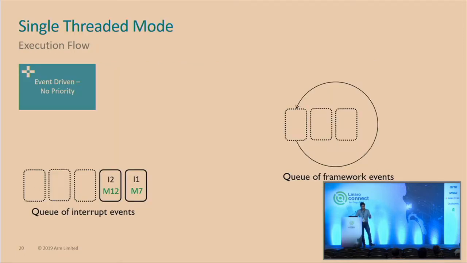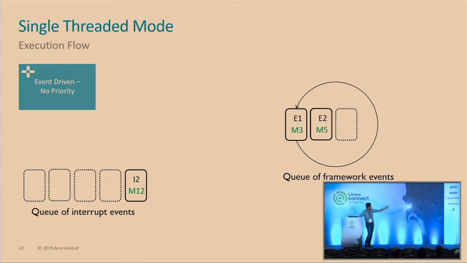Okay, so this is how it works. If you see that you have a queue of interrupt events, let's say M12 and M7 are the modules, and I2 and I1 are your interrupt events. And your queue of framework events are empty. So that means your interrupt has generated 2 events onto your interrupt event queue. So it goes in order. So you push your I1 into your framework event, and then you process that.